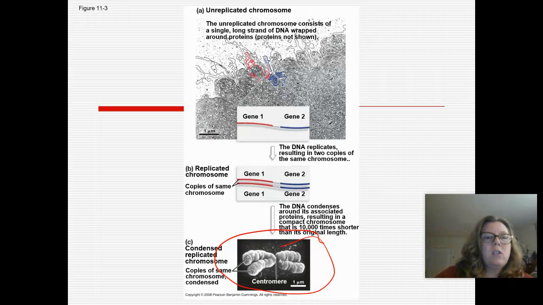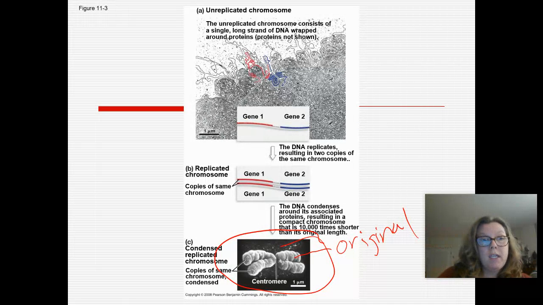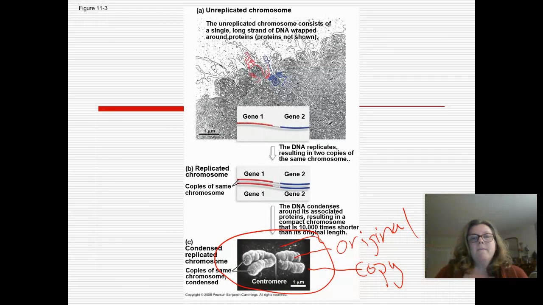Remember, when you see this chromosome, this is the original arm of the chromosome, or the sister chromatid. But this is a copy of the original piece. In other words, chromosomes don't get that X shape until after they've gone through replication.